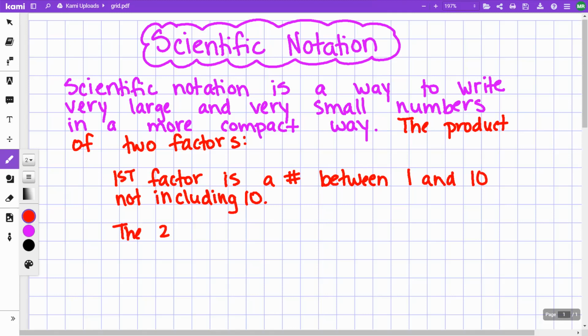The second factor is going to be a power of 10, okay, 10 to a power.